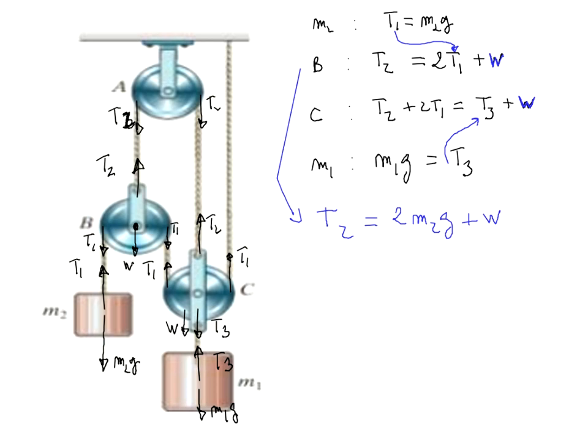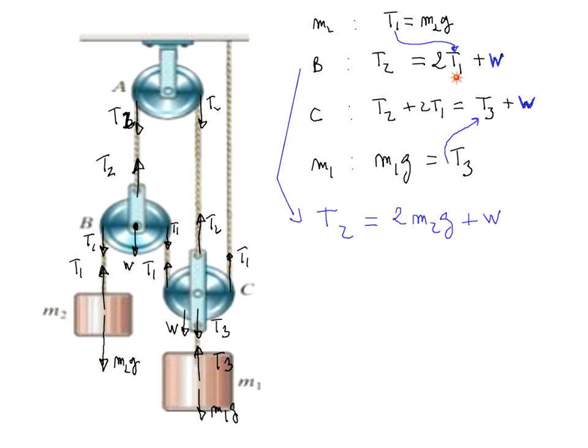Question from Mossman. For B, is the line next to T1 supposed to be a G? So you're looking at the free body diagram, or the equation? Oh, the equation.